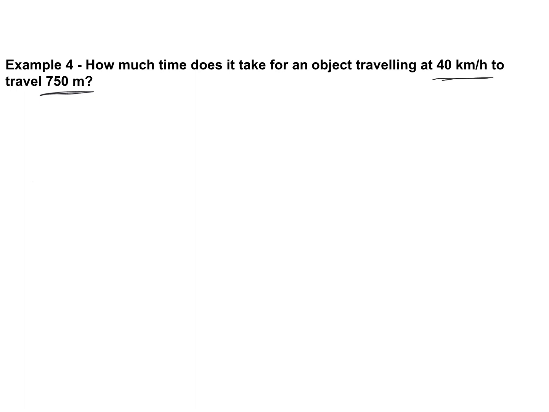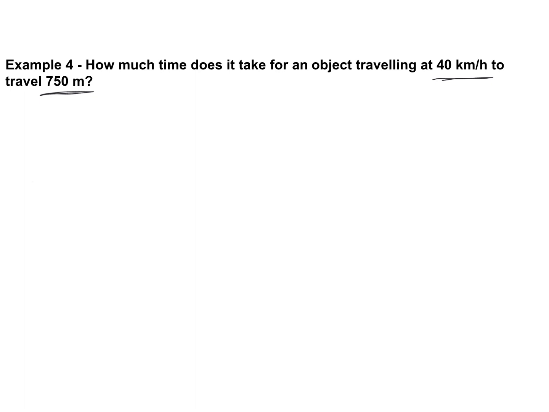So think of a car driving down your street. How long is it going to take before it drives 750 meters? Okay, so it's not going to take too long. Maybe like a couple minutes, maybe not even a couple minutes. So this is like sort of an estimation of what the answer should be close to.